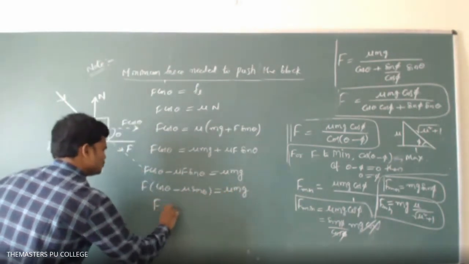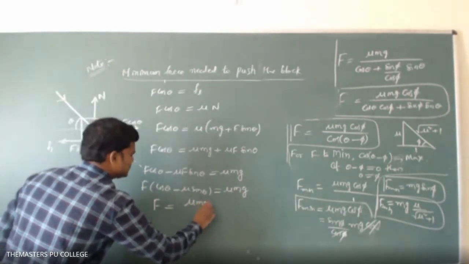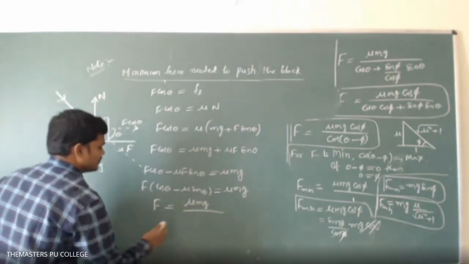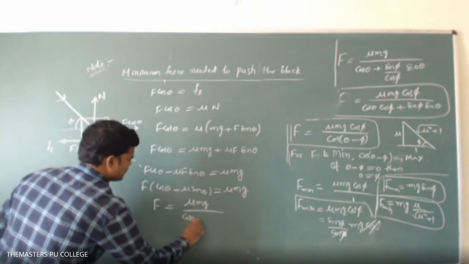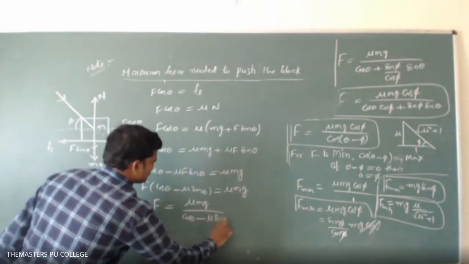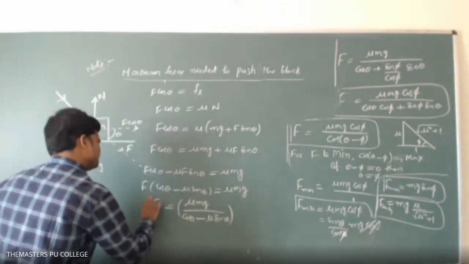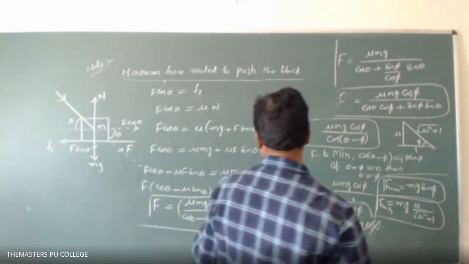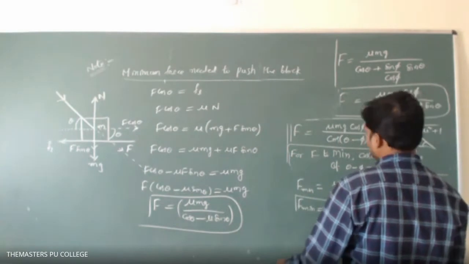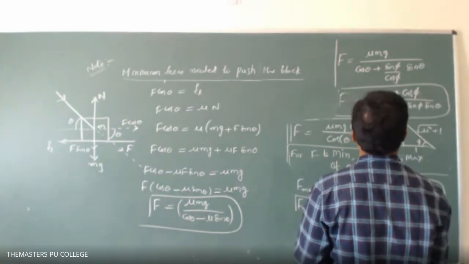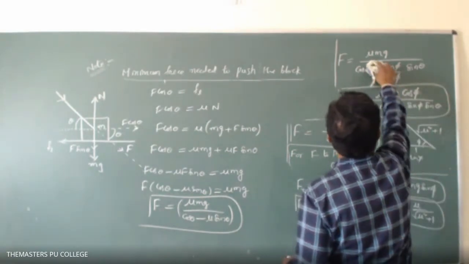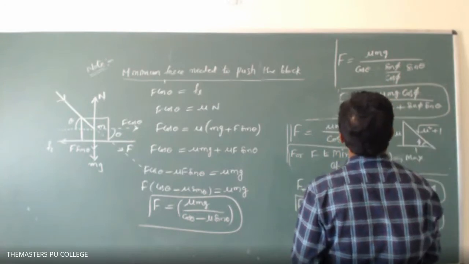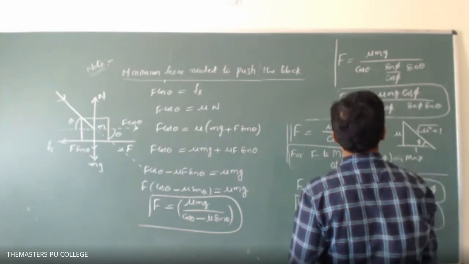So F is equal to mu mg by cos theta minus mu sin theta; previously we got plus, now we got minus. This is one form. If you want, we can extend it. Shall we substitute mu as tan phi?